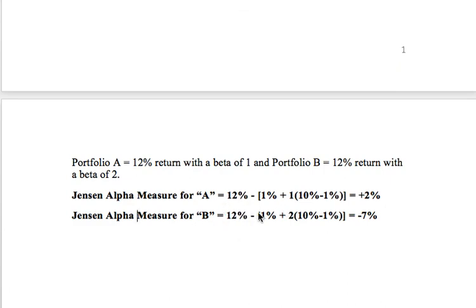Let's just look at B. Yes, B, 12%, had a greater return than what we expected the market at 10%. However, when we take into account risk, that was a major underperformer by 7%. So hopefully this helps clarify any issues that you may have had with the Jensen Alpha measure, but at the same time, I definitely wanted to incorporate this CAPM, or really what we mean by a risk-adjusted rate of return.